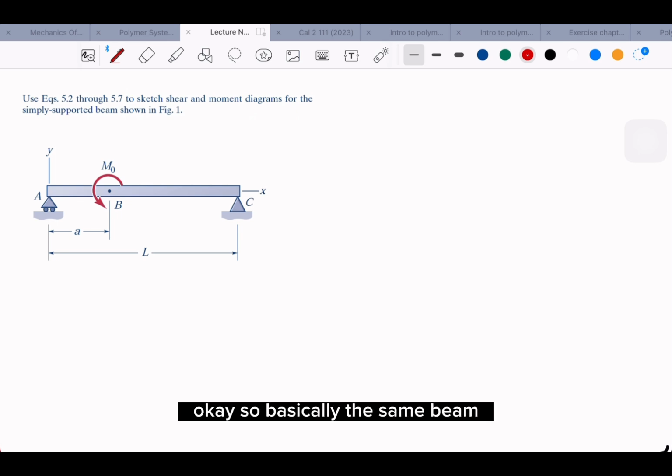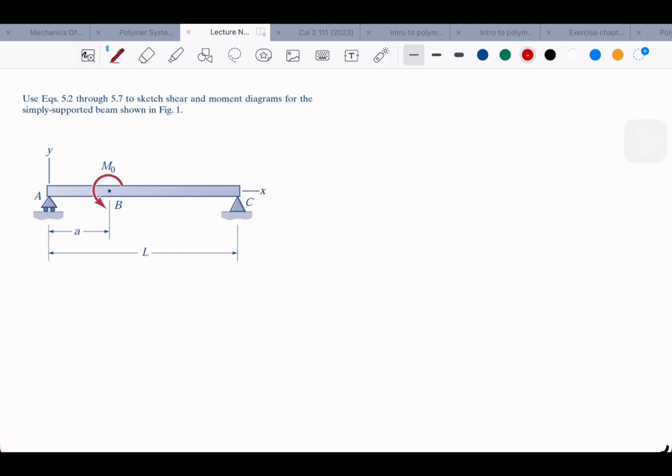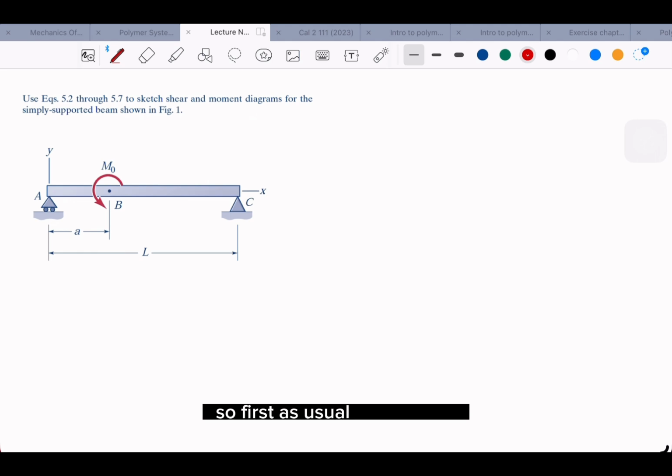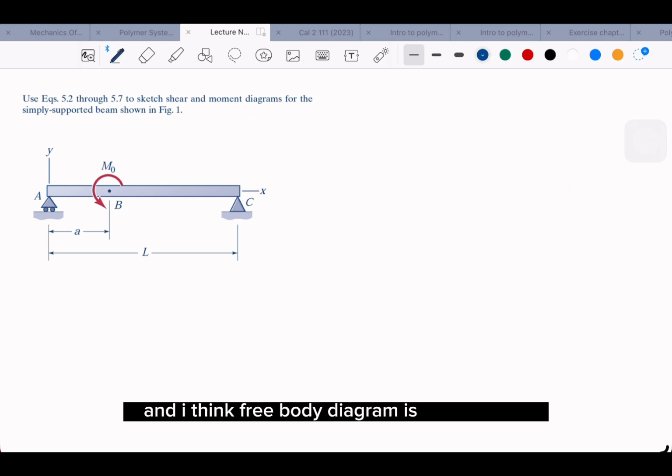So basically the same beam, but changing the force with a moment at the same point P, right? So the same question: what will be the shear and moment diagram? First, as usual, we take the free body diagram, and I think the free body diagram is quite simple.